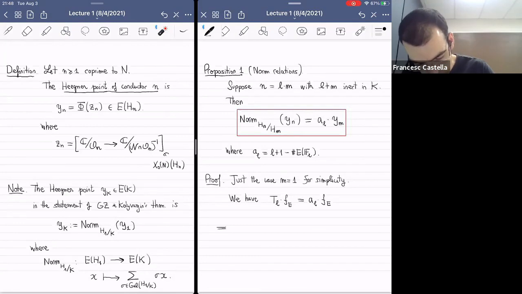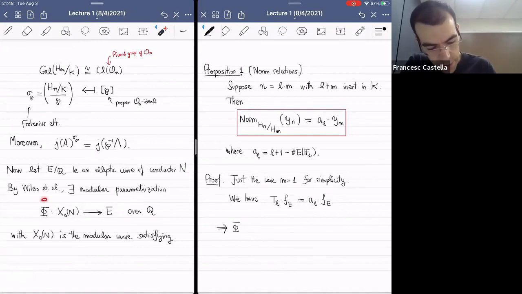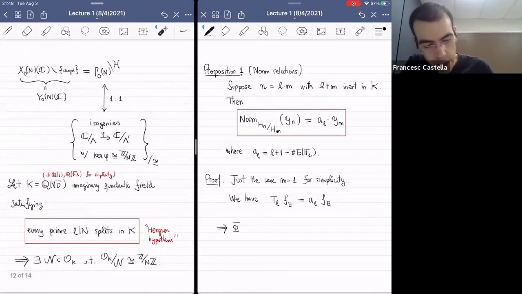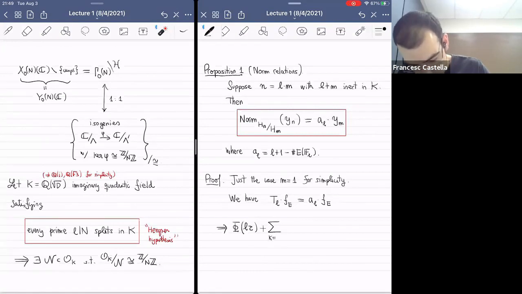This will imply that for any tau in the upper half plane, remember we have this parametrization phi on X_0(N), which we can view as taking arguments in the upper half plane. So I'm going to do that here. This equality above will translate into the following. You just use the definition of T_ℓ, and what you get is this sum of values is the same as a_ℓ phi of tau, and that is true for all tau in the upper half plane.